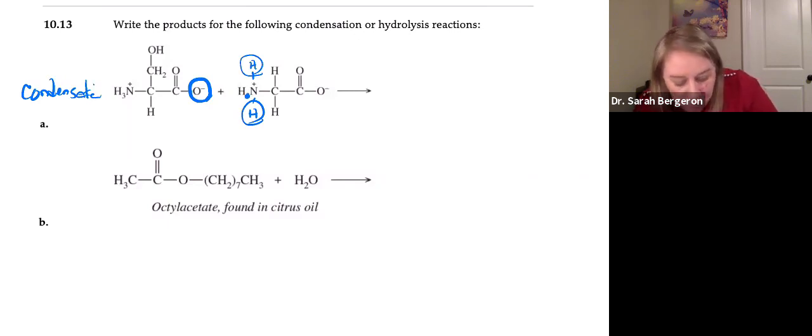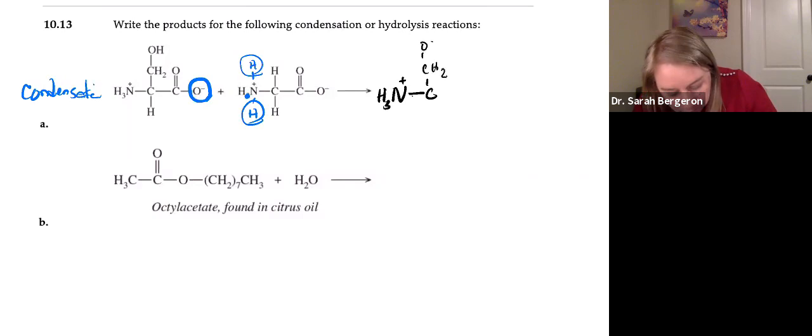So let me draw in black, I guess. I'm going to draw exactly what I had before. So I have an NH3 that's positive, C, CH2, OH, hydrogen, C double bonded to an oxygen. Now, I have that double bond, but this oxygen has got to go.